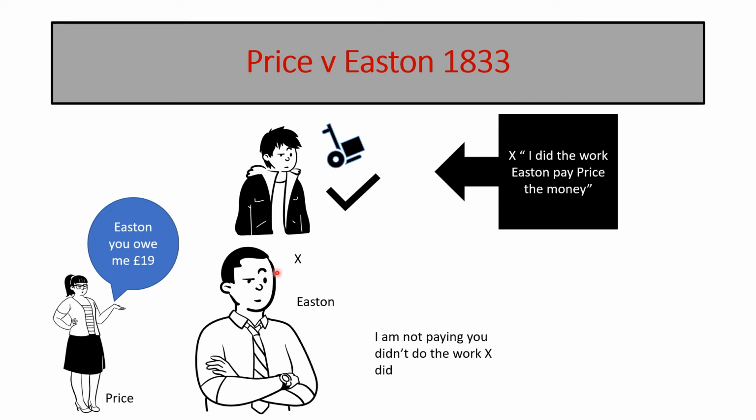So only parties to a contract can enforce the contract. That's the general rule. Price, not being a party to the contract, didn't provide any consideration to get the £19 and was not able to sue properly and get Easton to pay her.